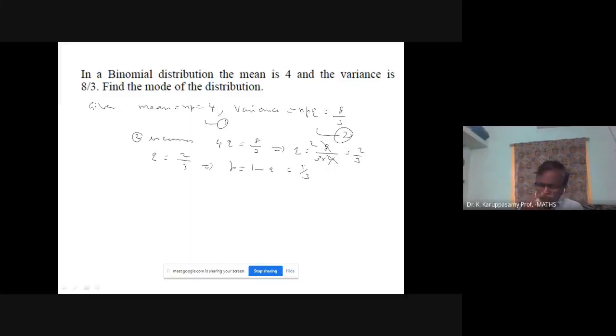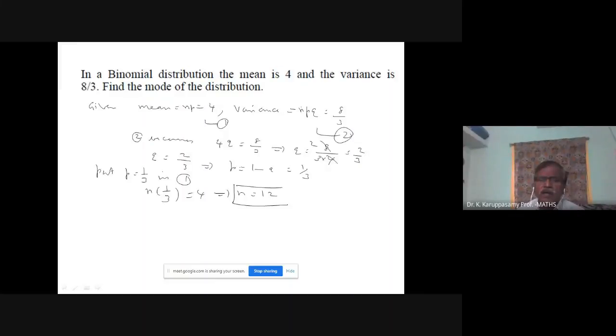I need n also. Substitute p equal to 1 by 3 in the first equation: n into 1 by 3 equal to 4, n equal to 12.